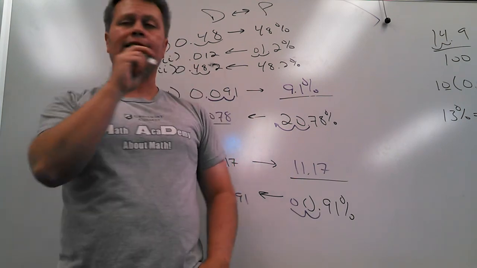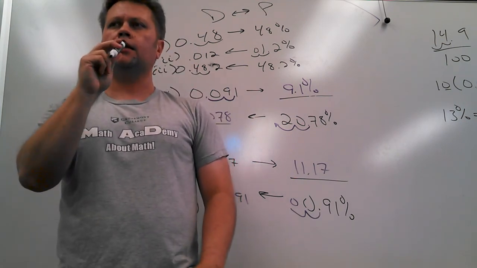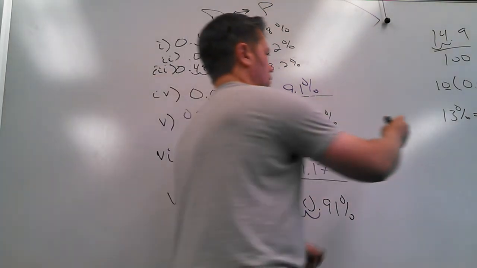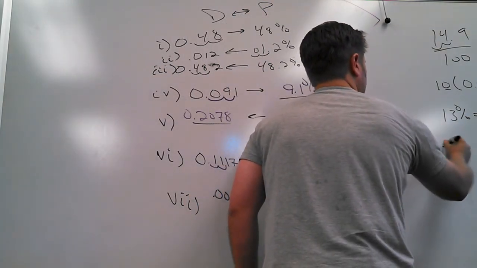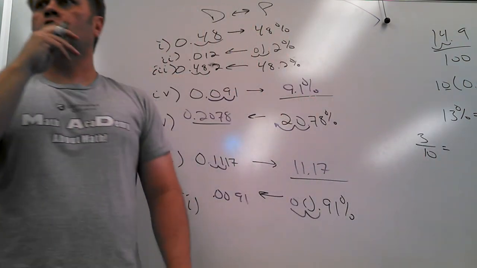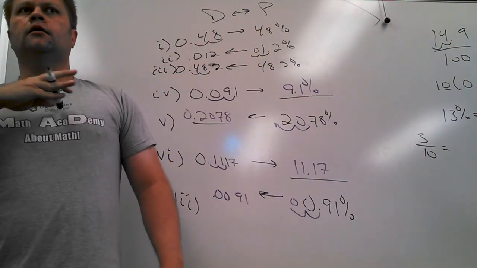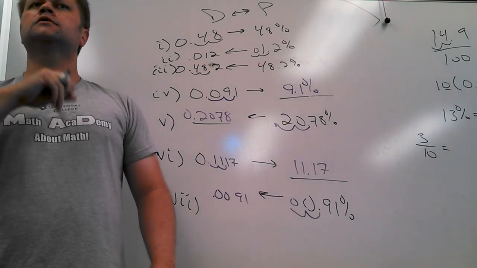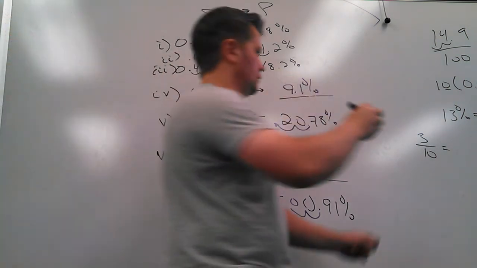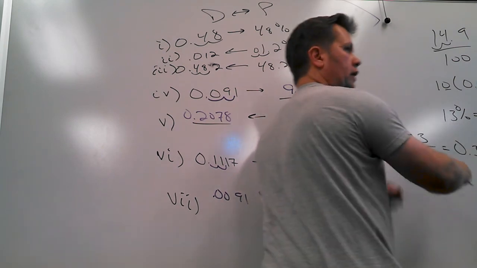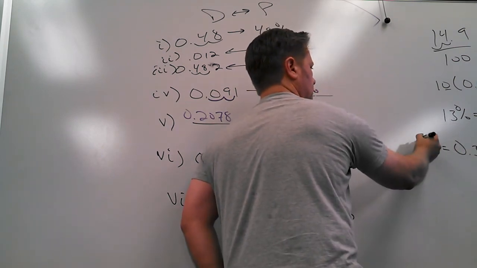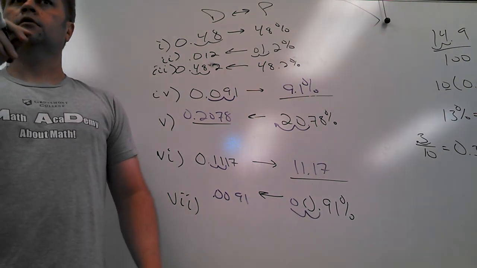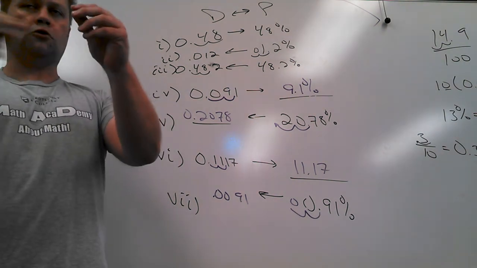It's 13 divided by 100. So real quick, what's 3 divided by 10? Not 10 minus 3. How do you write 3 tenths as a decimal? 0.3. So what happened to the decimal? Didn't it go back? It went back once. You with me? When you divide by 10, the decimal goes back once.